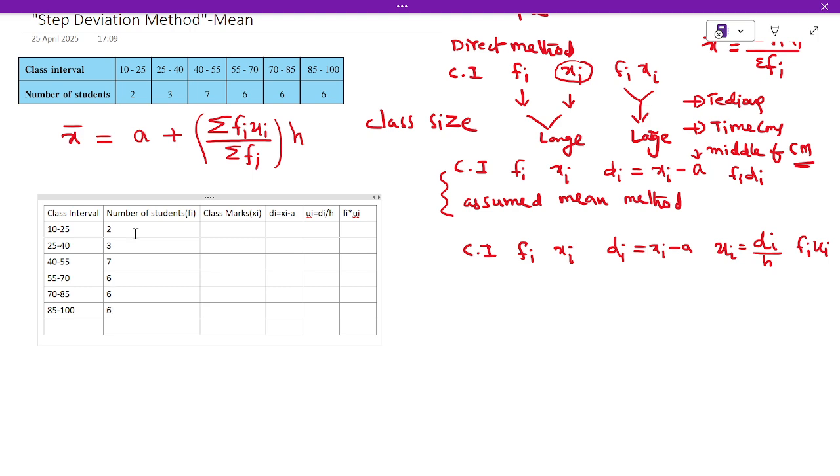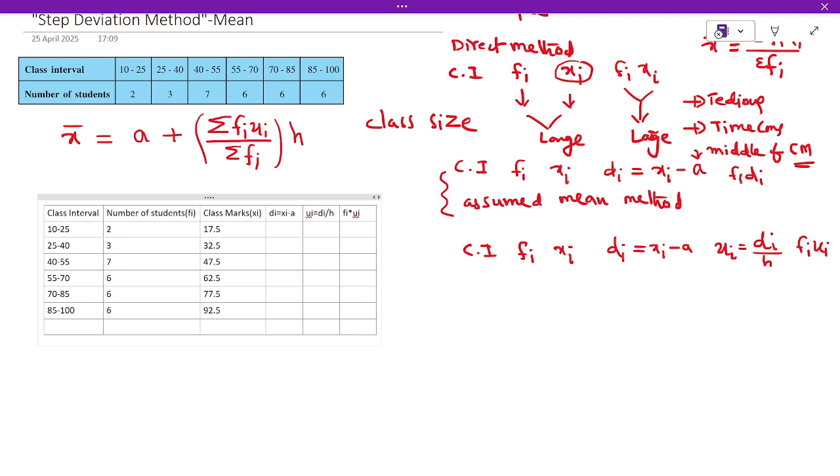Okay, these class marks we already found, so I'm not going to repeat. If you already know how to find the class mark, you just take the sum of the lower limit and upper limit divided by 2. So the first one is 17.5, then 32.5, 47.5, 62.5, 77.5, and then 92.5.